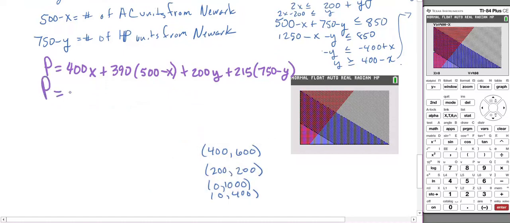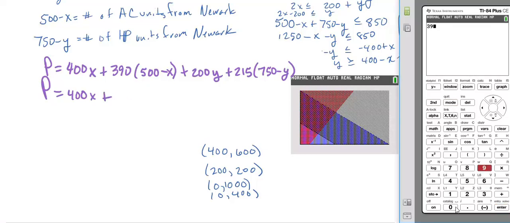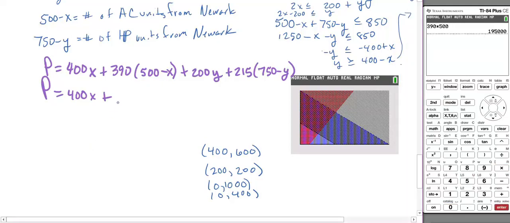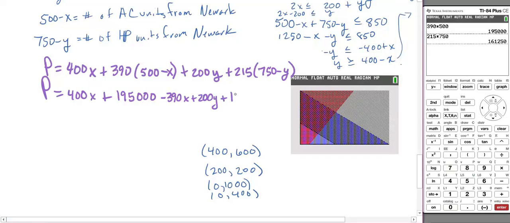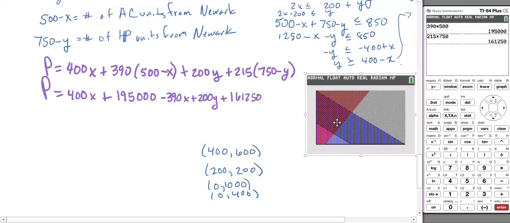So P is 400x plus, let's put this into the calculator, 390 times 500, and that's 195,000. 195,000 minus 390x plus 200y plus 215 times 750, 161,250, minus 215y.